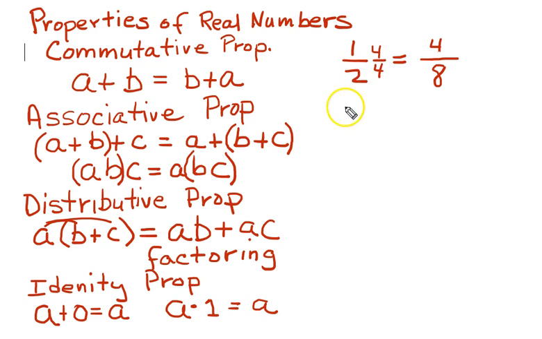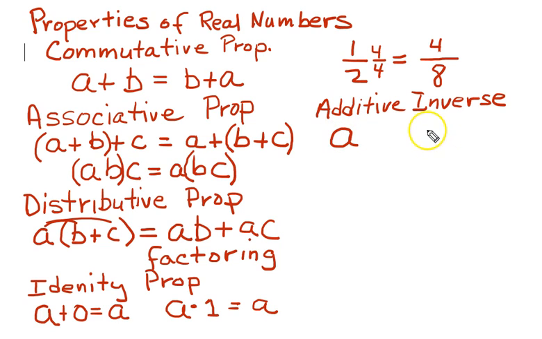All right, another property that we often think of is called the inverse property, and we'll write that down. And what is the additive inverse? Well, if we had a letter or a value A, in order to get it to equal 0, we'd have to add its additive inverse.